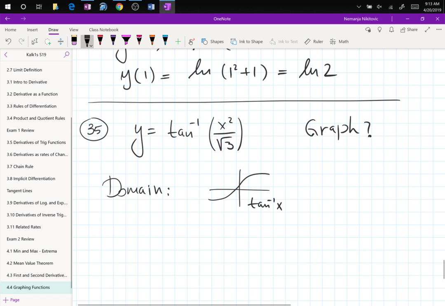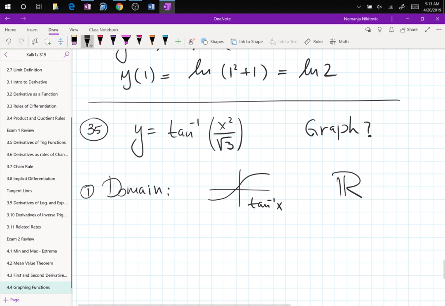So we don't have any issues with the domain to begin with, and now when you start squaring x, we are not adding x in the denominator anywhere to create issues with 0, so the domain remains all real numbers. That doesn't change in any way.